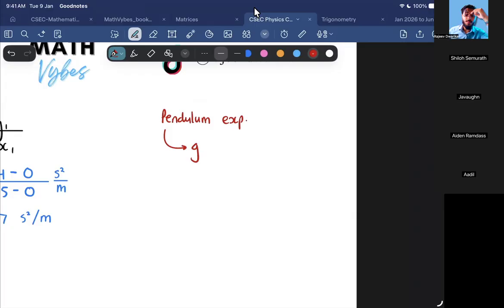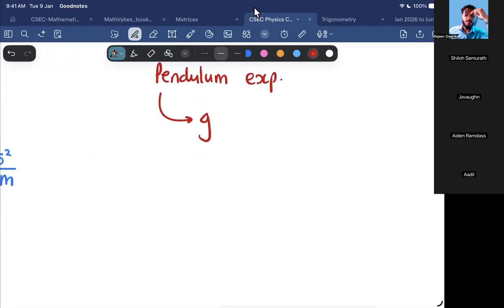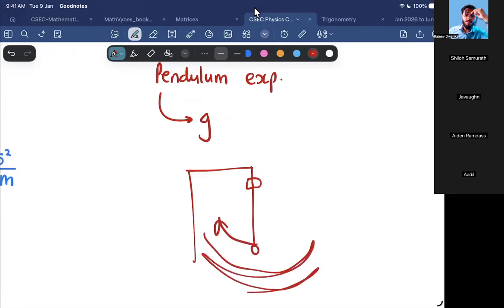Yes, sir. Right. So, cool. Is there anybody confused? Remember, this is what the pendulum experiment looked like. You had a retort stand, you clamp a piece of thread or something here, you put a bob, you displace it and it swings back and forth.